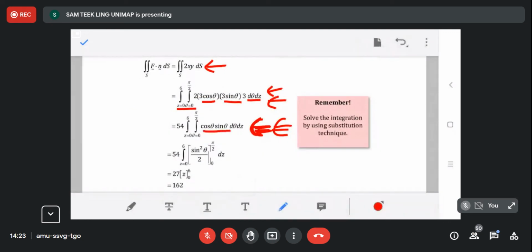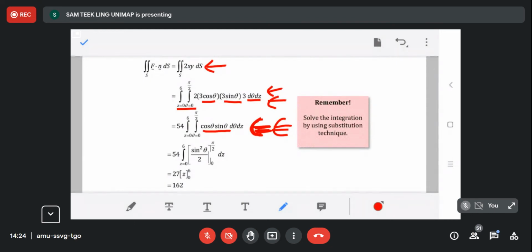So this one, integrate cos theta sin theta. You can use substitution, or you can use a trigonometry identity. That one is okay. If you apply the trigonometry identity, you will get sine 2 theta, where sine 2 theta relates to cos theta sin theta.